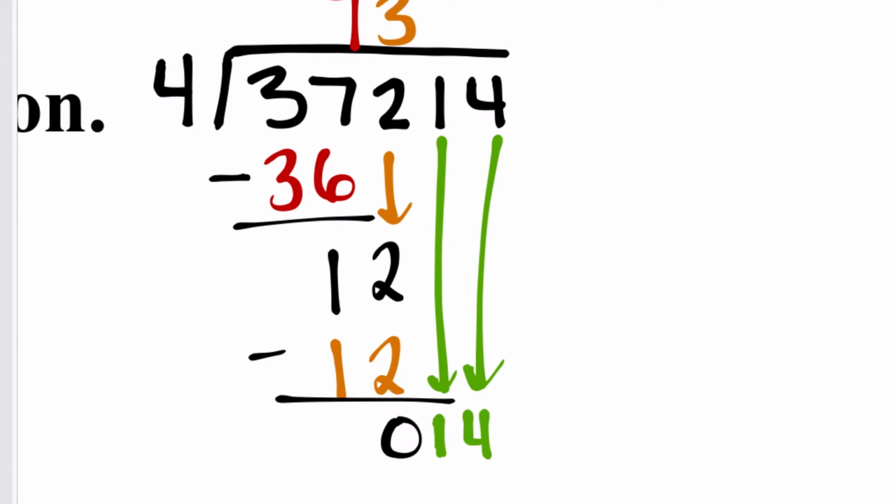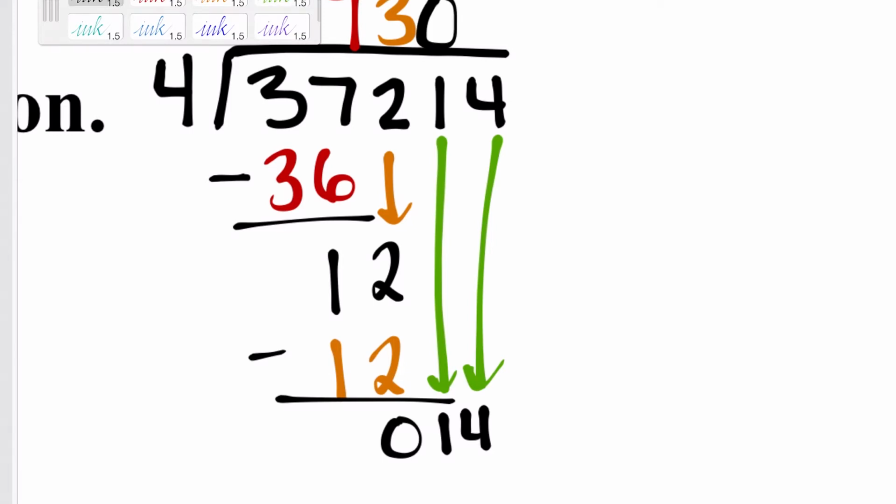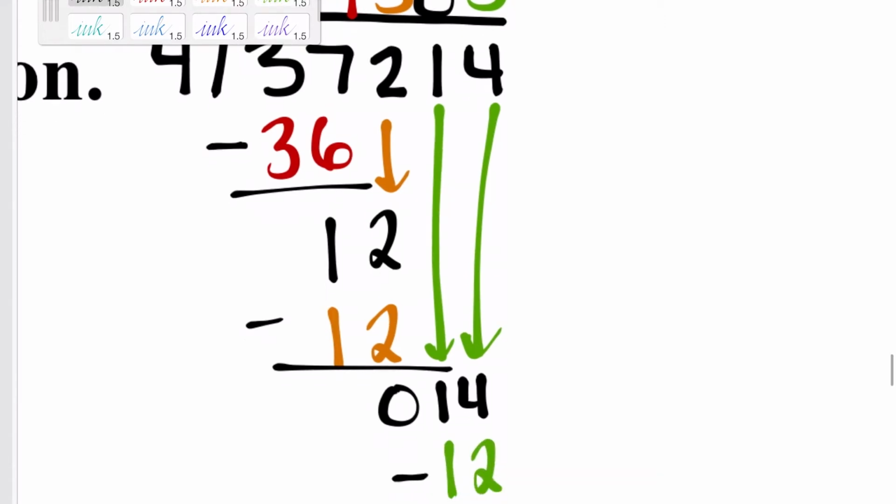In order to get 12, I would multiply by 3. Remember, I didn't use anything for the 1. There's nothing I could multiply in order to get 1 or something smaller. But I can multiply by 3 here in order to get the 12, something that's close to the 14, but not quite over. When I subtract, I end up with a 2.